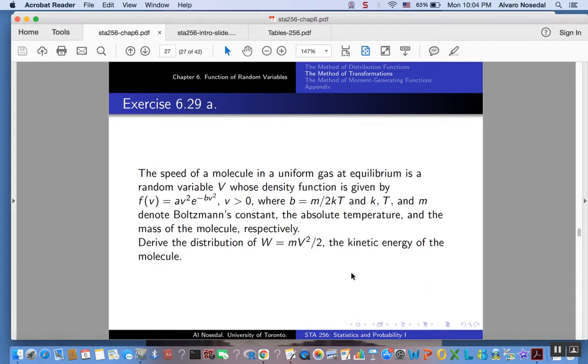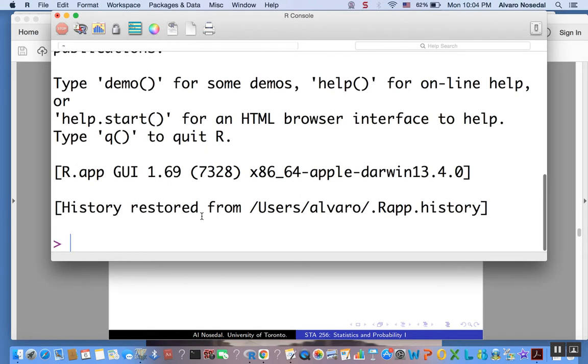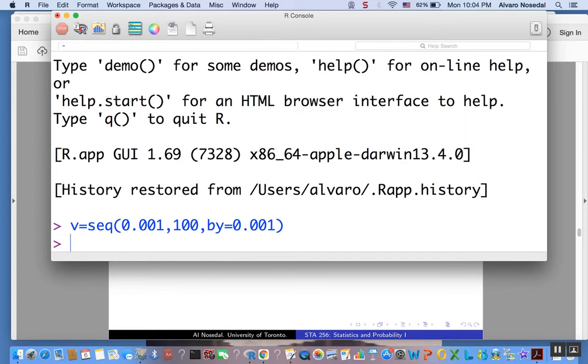So let's check that condition that we were mentioning. So v is greater than 0. Let's make a graph. Let's create a sequence of numbers greater than 0 up to, say, 100, and the distance between each of those values, let's set it equal to 0.001.